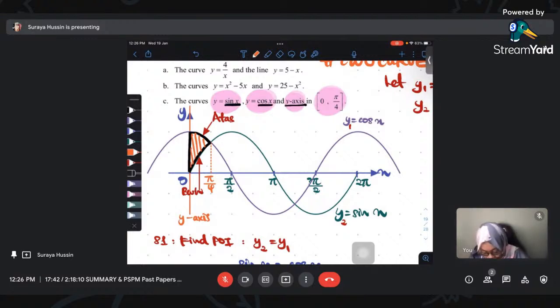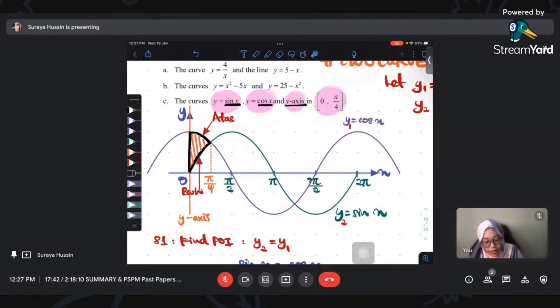Okay, so now the thing is you kena ada limit. Nak cari area mesti kena ada limit, takat mana ke takat mana. So in this case dia dah bagi pada kita. Gunalah point ini untuk cari area of a region. This is the limit actually.